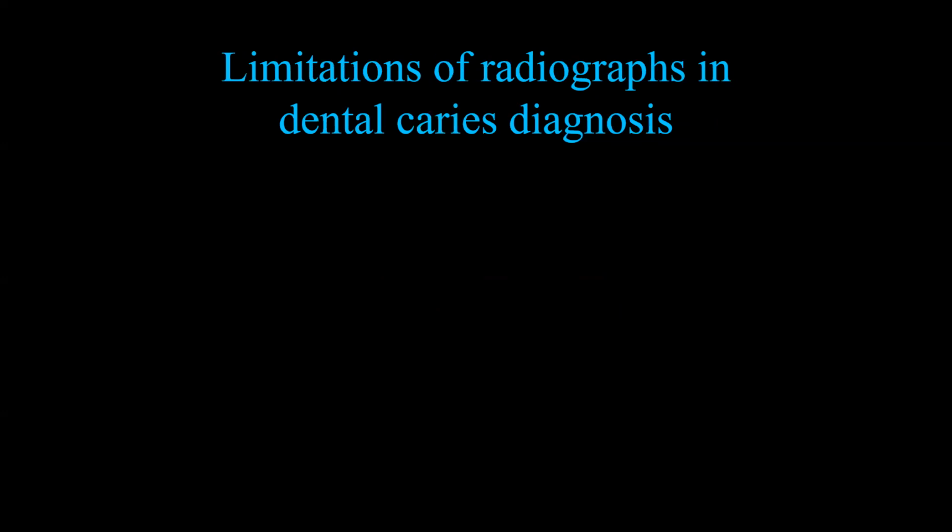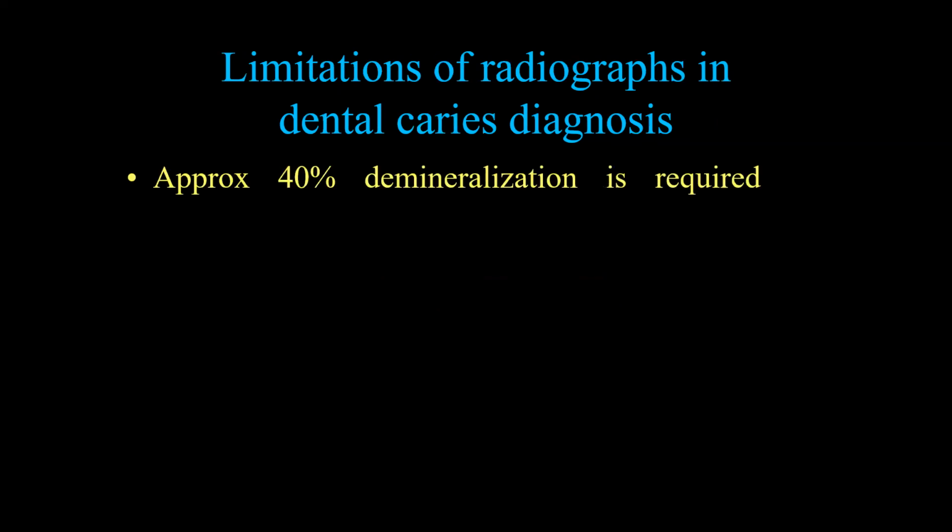But radiographs have a lot of limitations in diagnosing dental caries. Firstly, only when about 40% of demineralization has happened in a tooth will we be able to detect the caries on a radiograph. Otherwise, the caries won't be visible.